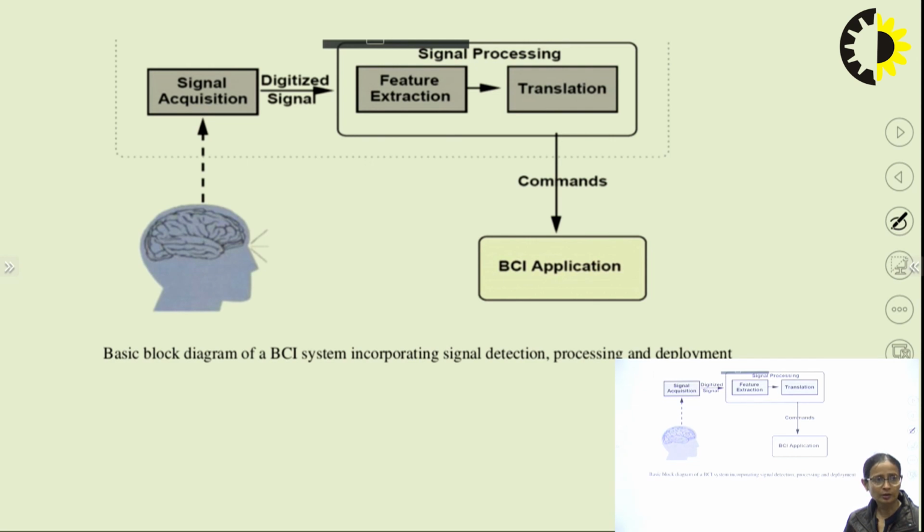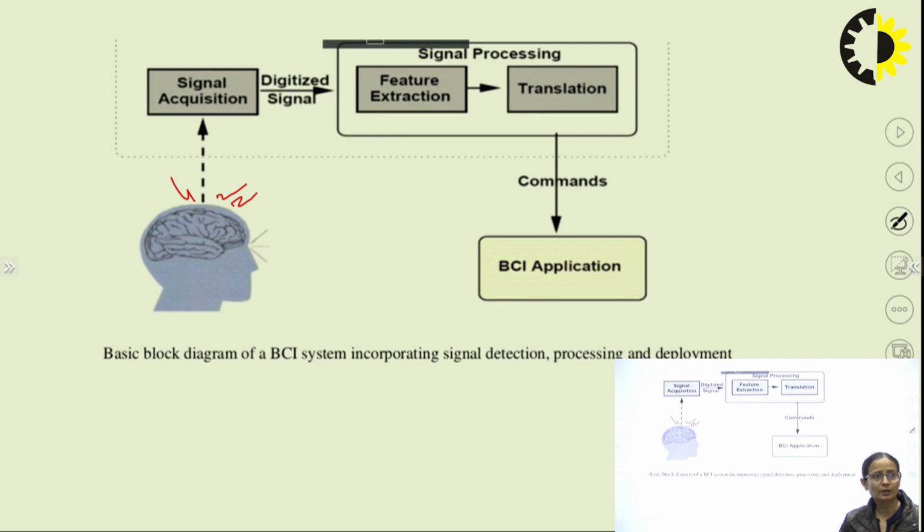So this is a block diagram of a basic brain computer interface system, which includes signal detection, processing and deployment. Here first the brain generates certain signals and these signals are trapped with the help of electrodes.